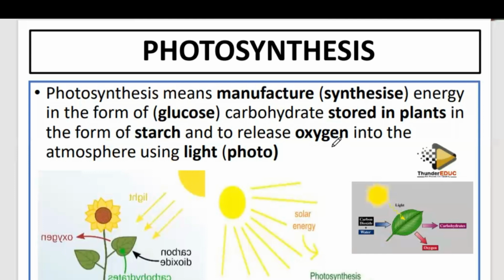Number one, by getting the glucose the plants have manufactured so that we become full and energetic. Number two, we use the oxygen the plants produce, because to break down this food which has been manufactured, you require energy. And then energy is produced again after breaking down.